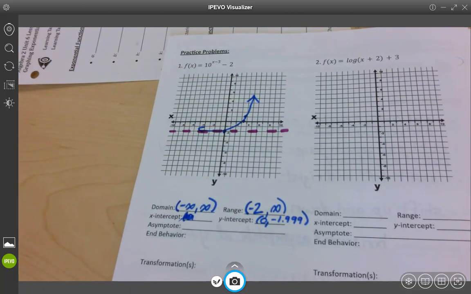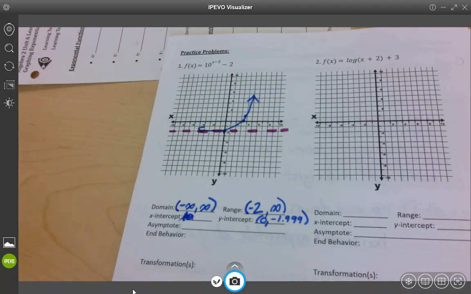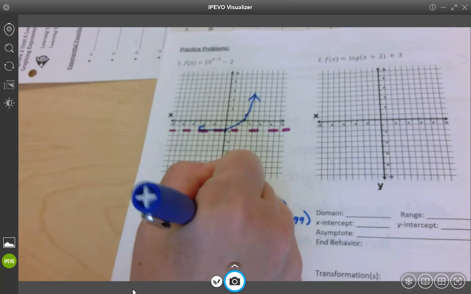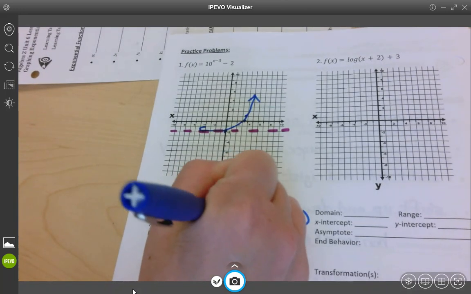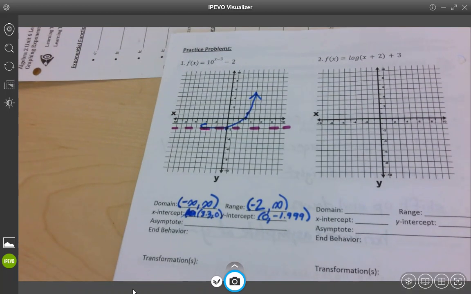And then my x-intercept, I had forgotten. Let's go back and see what that was again. I think it was about 3.3, right? Yeah. 3.3 comma 0.